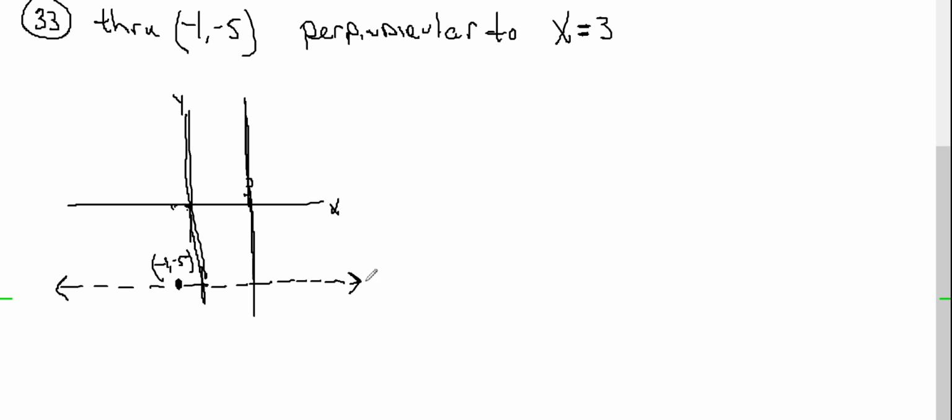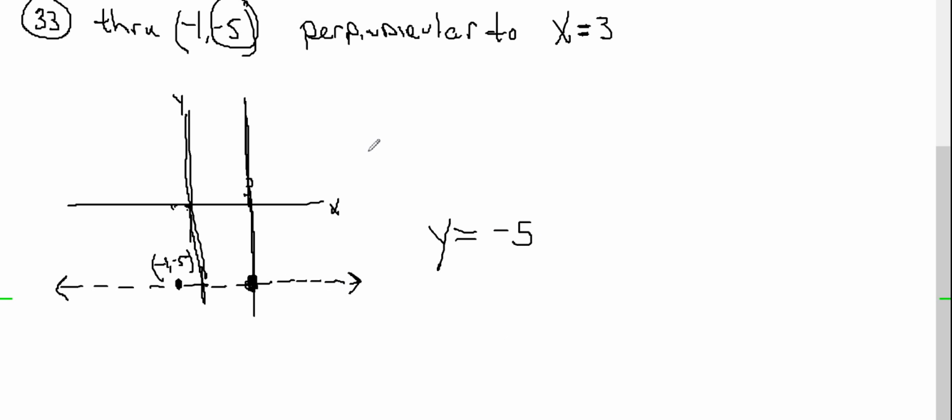So this line is horizontal. A horizontal line always has the beginning of y equals, and what point here is it going through? It would be the y component in our problem, really, -5. So the equation of this line is y equals -5.